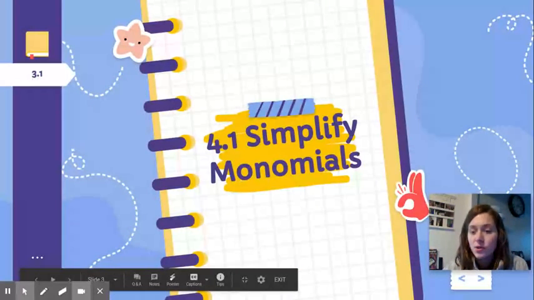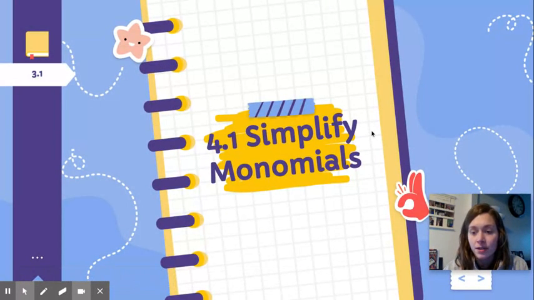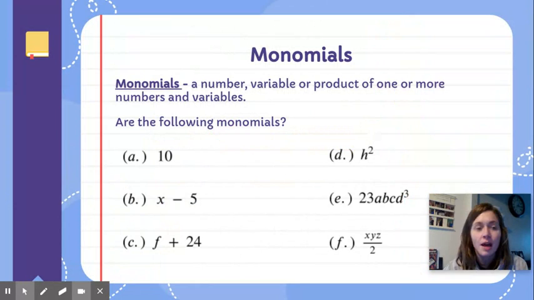All right, so here we go. Section 4.1, monomials. A monomial is just a number, a variable, or a product of one or more numbers and variables. And so we know product just means we're multiplying. So it's just a series of multiplication. We could be multiplying numbers, we could be multiplying variables or numbers and variables. But it's really just a series of multiplication.